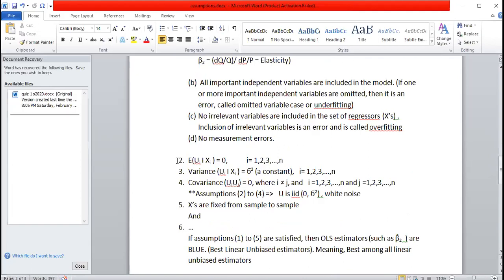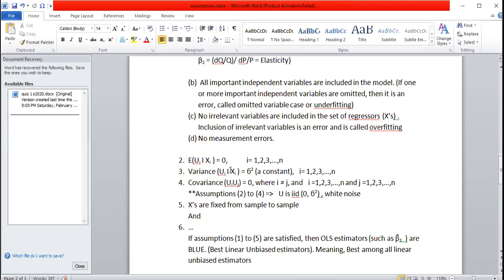Then assumptions regarding U. This U is a random variable. U has a distribution. How many distributions you have? As many X values you have, that many U distributions you have. If you have 20 X values, you have 20 U distributions.